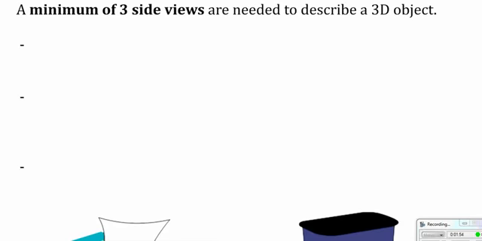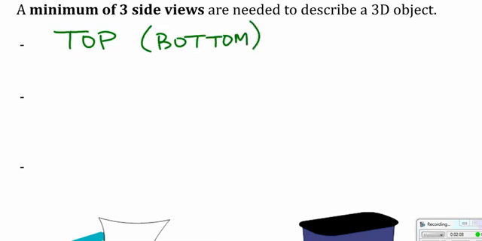For a 3D object, the three sides that we need are, first, the top. Once we know what the top looks like, we will also know what the bottom looks like, because they should be identical for a rectangular prism. We also need to know the front, and if we know the front, we also know the back.